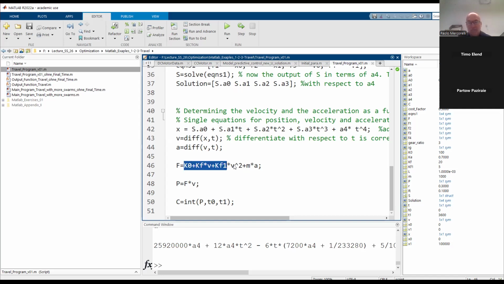This expression here, and now I clarify, it's a little bit more complex because I can choose any kind of friction model. At the beginning, I told you through the presentation that I can consider also just a linear friction model, KF, it was KF multiplied V, which is there.